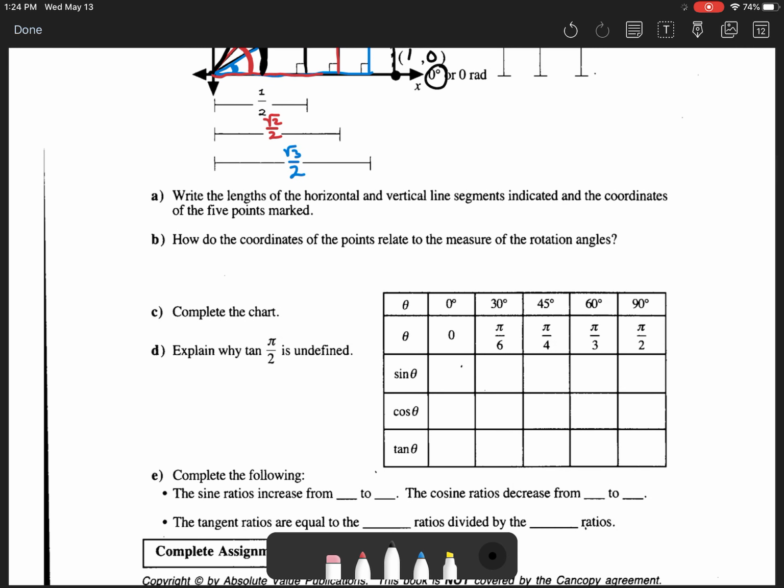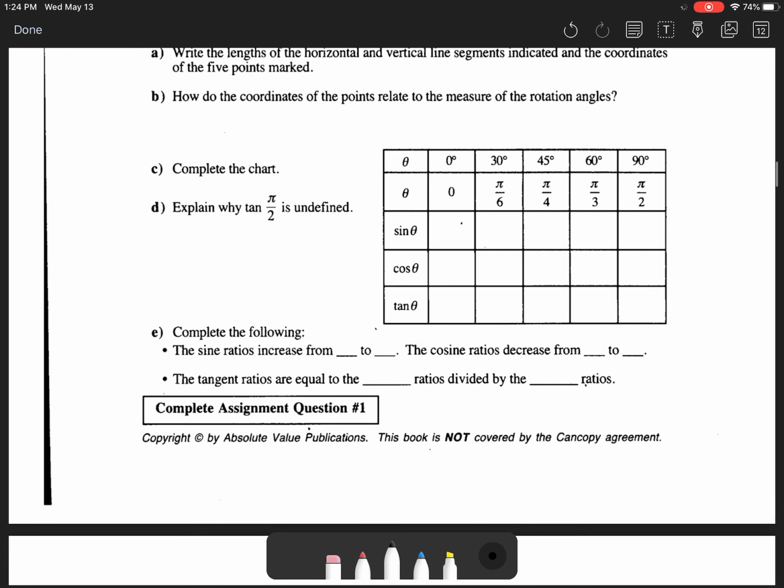So write the lengths of the horizontal and vertical line segments indicated and the coordinates of the 5 points marked. That is done. How do the coordinates of the points relate to the measure of the rotation angles? Well, again, the x coordinates, as we've seen, are the cosine ratios, and the y coordinates are the sine ratios, aren't they?